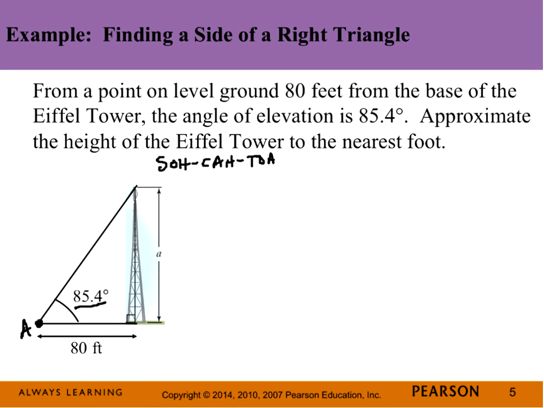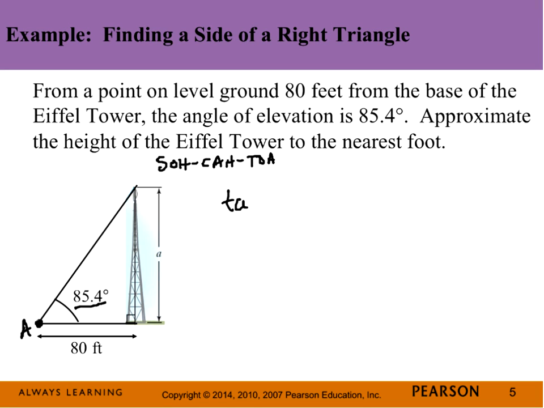Now, you can certainly use any of the trig functions that would involve the 80-foot side and angle A, since those are the pieces of information that you know, but I figure that it'd be quickest to use the tangent since I'm looking for side A specifically there.